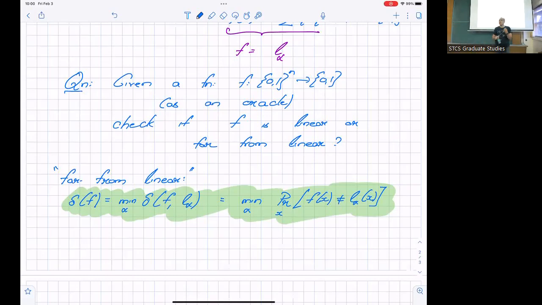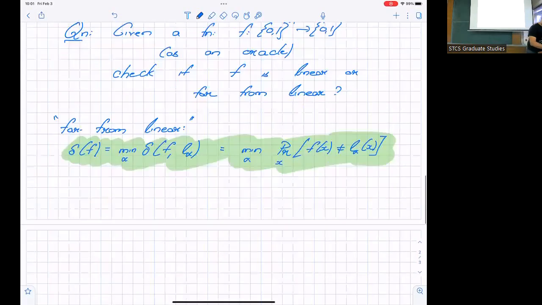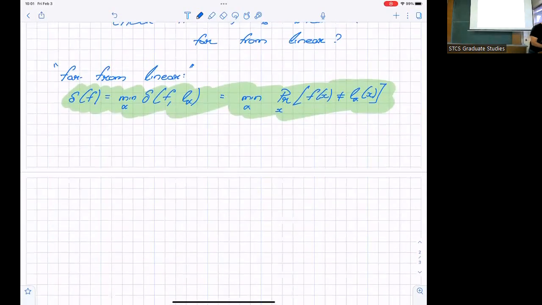Now we want to check if this given function is a linear function or far from a linear function. I don't care which linear function. I want to check: is it close to a linear function or far from every linear function? And far is a natural notion, just the normalized Hamming distance. So Blum, Luby and Rubinfeld suggested the following.